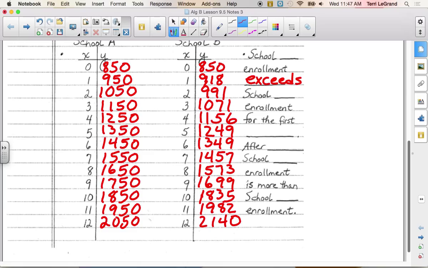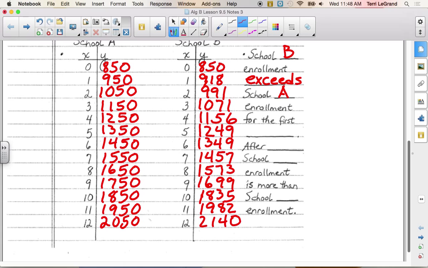B is greater than school A's population, so school B enrollment exceeds school A enrollment for the first 12 years? Are they ahead for the whole 12 years? No. When did they go behind? In the 11th year. So their enrollment exceeds school A enrollment for the first how many years?